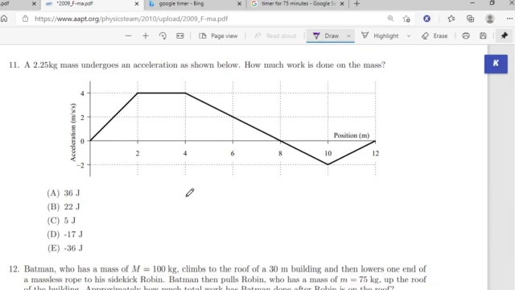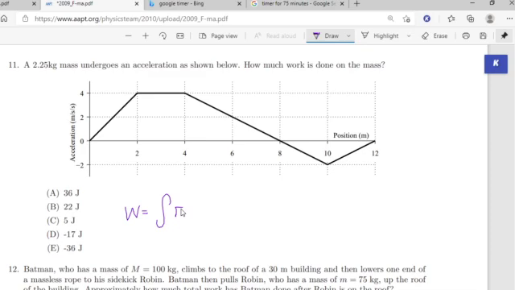Actually, the mass is constant. Okay, so what we can do then, W is equal to the integral of m a dx. But since the mass is constant, I think we can do this, I don't know.